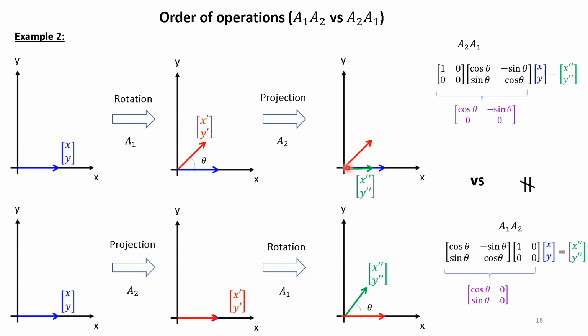This is easy to understand, because projection will make your final vector lie on the x-axis. But if you do rotation last and projection first, your final vector won't lie on the x-axis. So clearly these two cases are not the same.